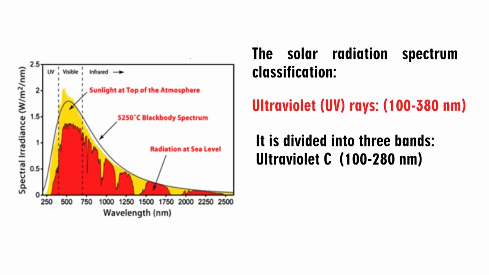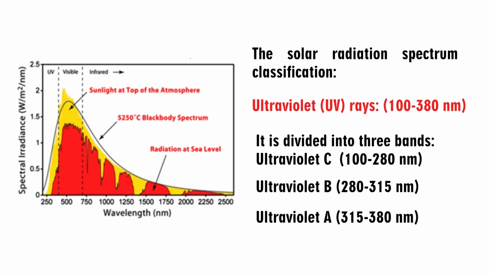First one is the ultraviolet C band in the range of 100 to 280 nanometer. Second one, you can say ultraviolet B, in the range of 280 to 350 nanometer, and the third one is ultraviolet A. The range of this particular band is 315 to 380 nanometer. Now we will understand what is visible light.